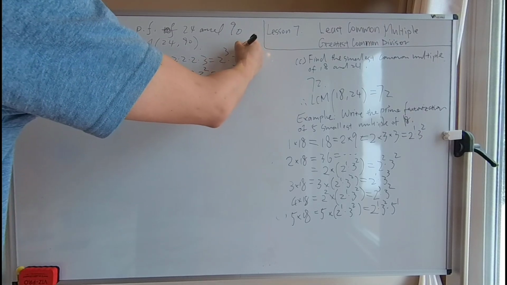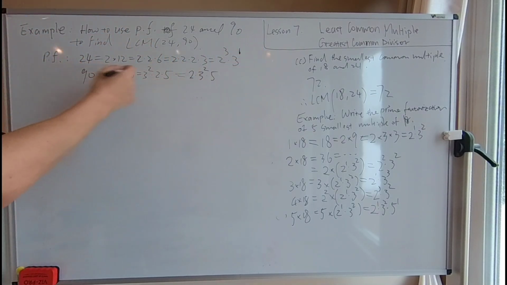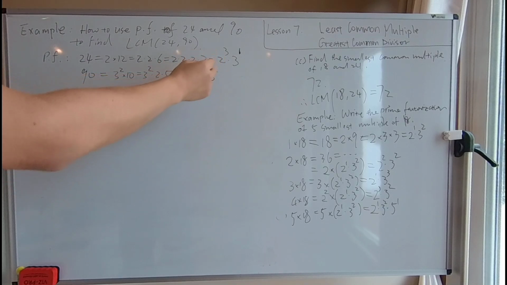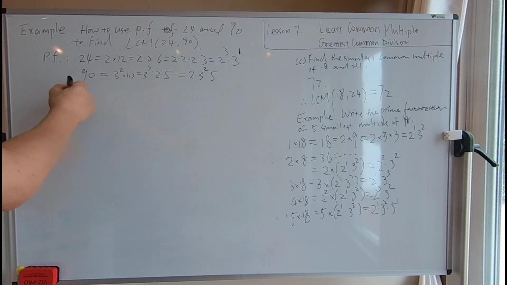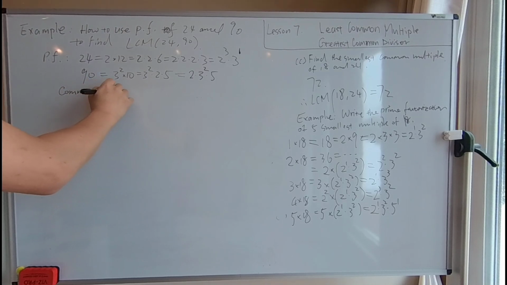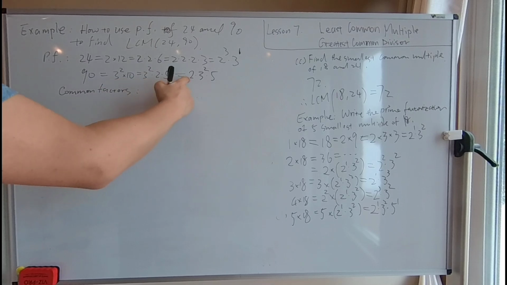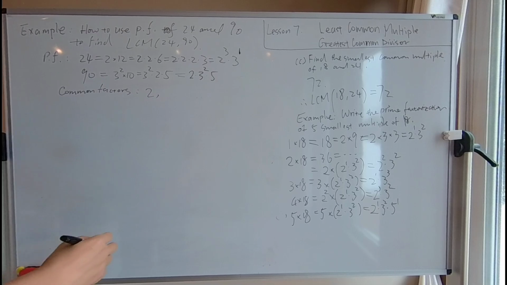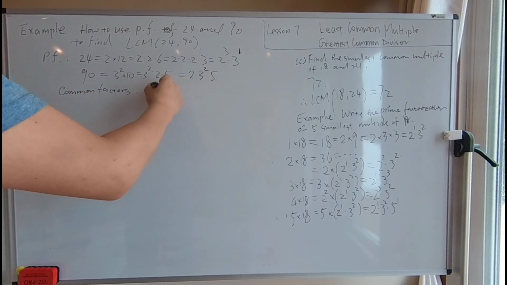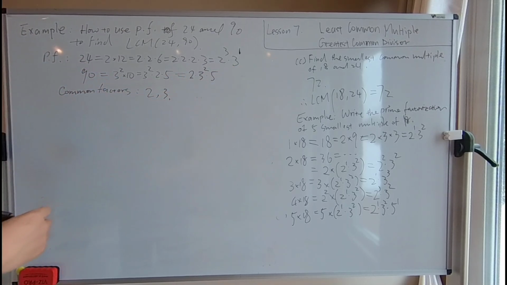Okay. So before we move forward, if we observe the prime factorizations of these two numbers, 24 and 90, we can already conclude which factors must appear.